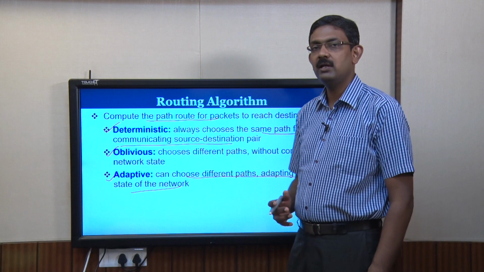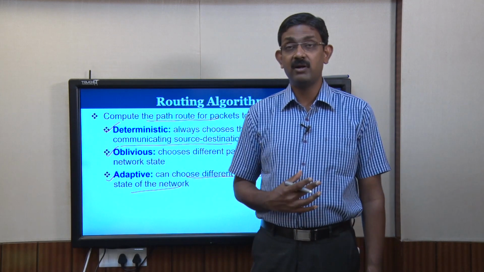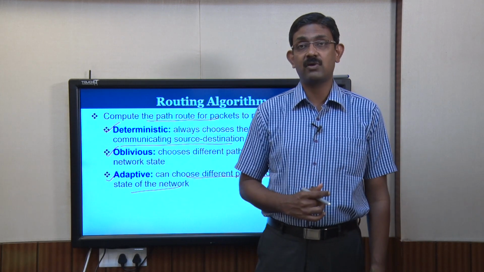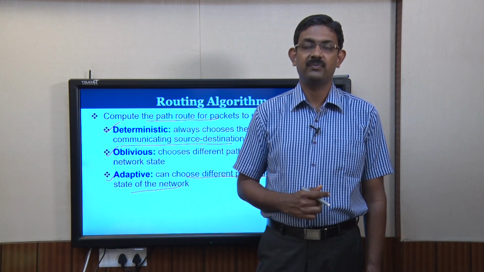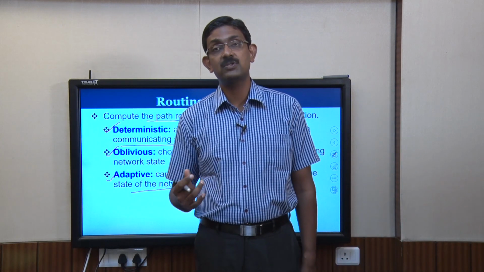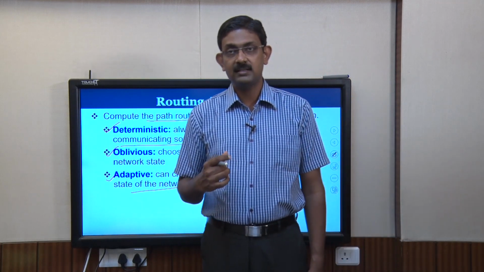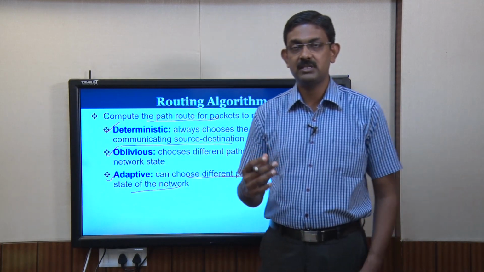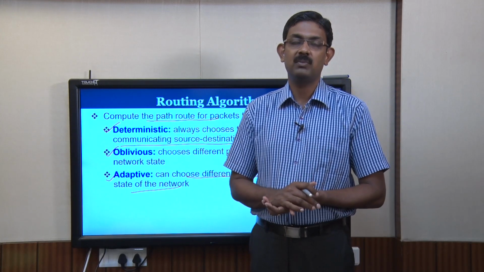So, deterministic routing, oblivious routing and adaptive routing are the 3 different broader classifications of routing algorithms employed in network on chip, where deterministic is a prefixed route, oblivious is one among the many routes, that too static, and the last one is completely adaptive.